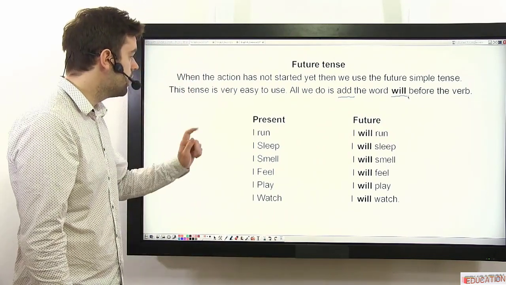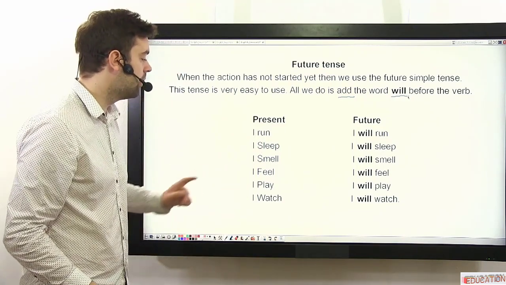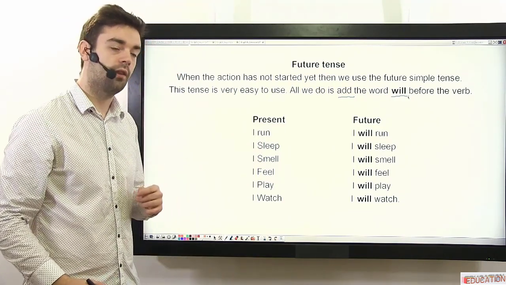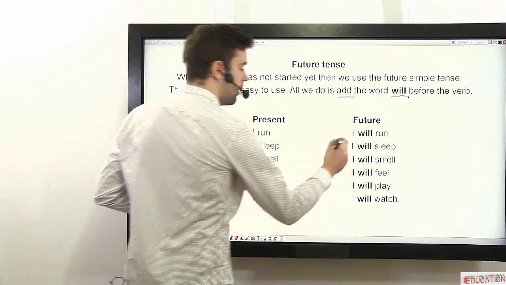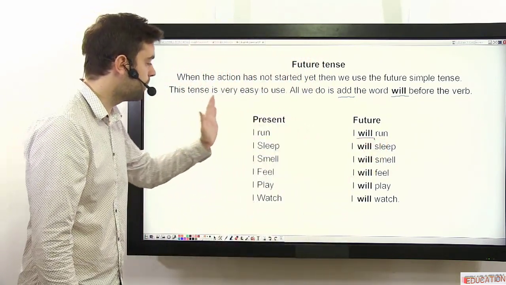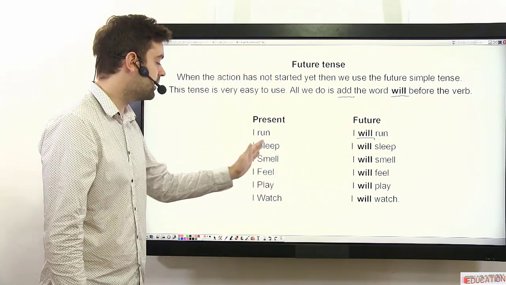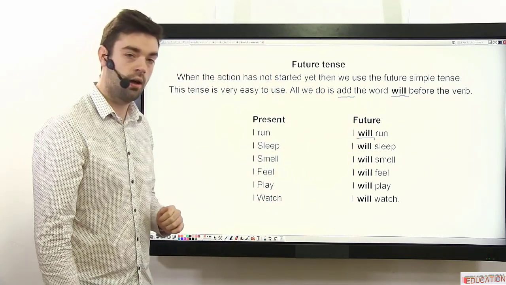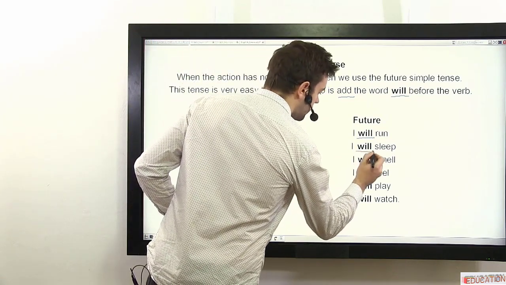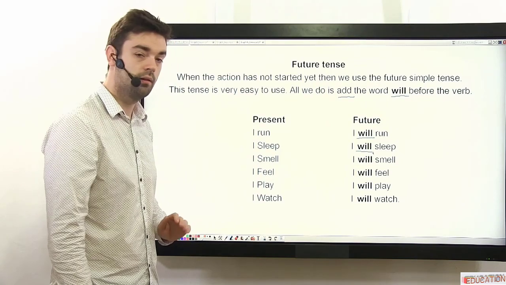Simple. For example, we have the present tense here. I run. I will run. That changes it from the present to the future. I sleep. I will sleep. I smell.